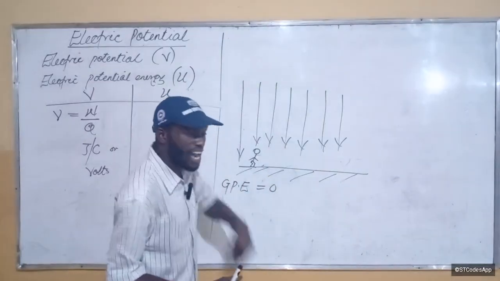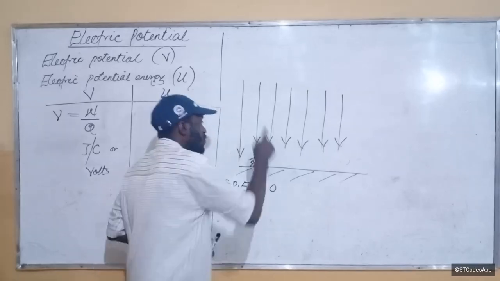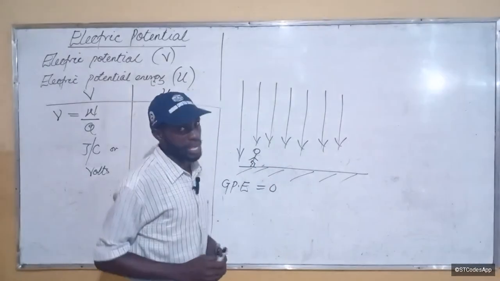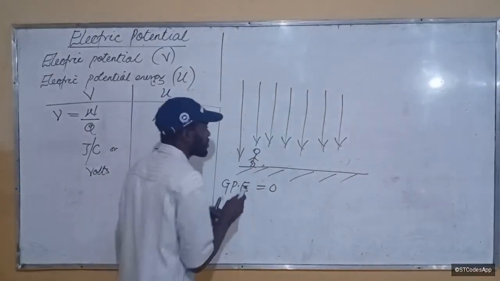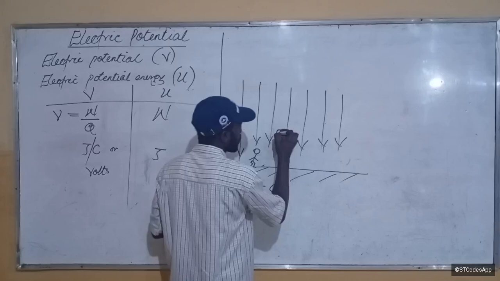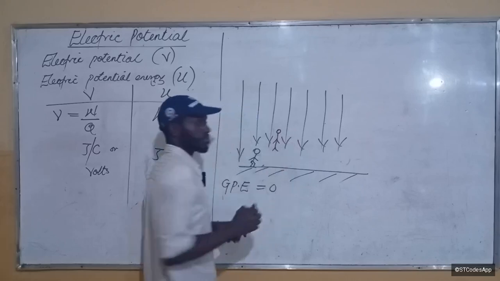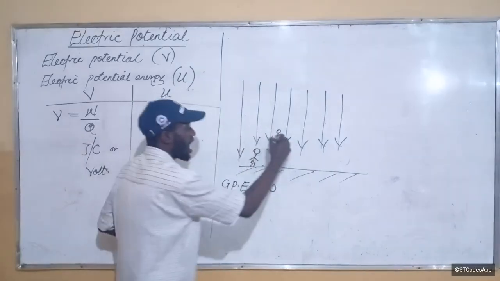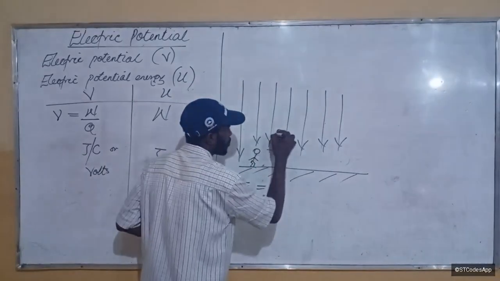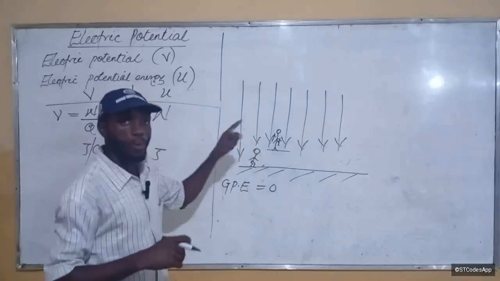It means that down is positive for this body. But if this guy jumps up to this point, he gains potential energy. Why? Because he has moved up.